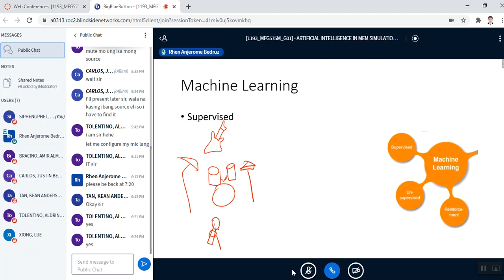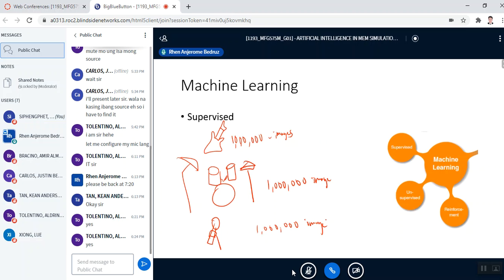If I want to know what instrument I am seeing, I need to have 1 million images of different guitars, 1 million images of different drum sets, and 1 million images of microphones.